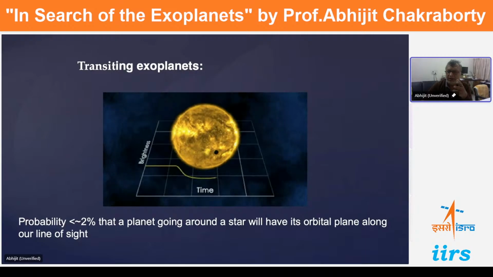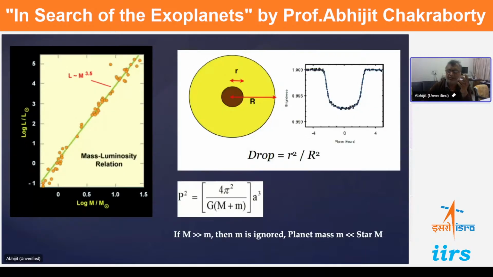As you can see, the drop of the intensity is proportional to the ratio of the radius of the planet to the radius of the star. So r squared by R squared, where small r is the radius of the planet and big R is the radius of the star. From this ratio, you can figure out the radius of the planet, if you know the radius of the star by some other method like the luminosity method and modeling.